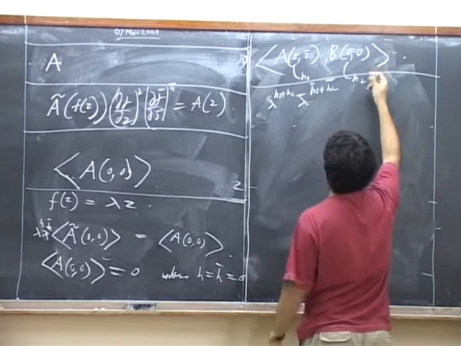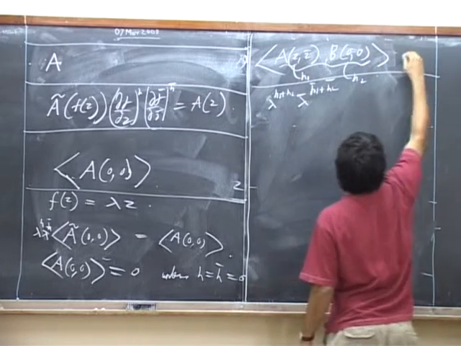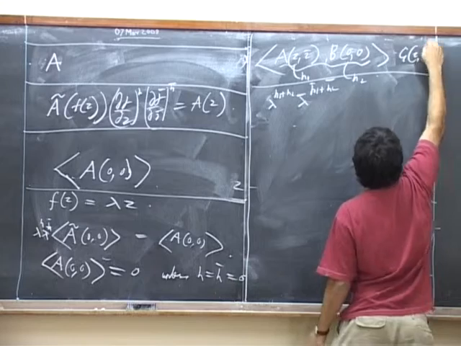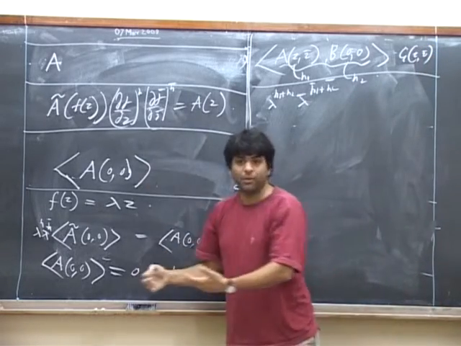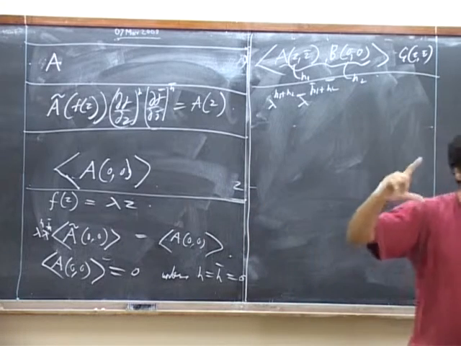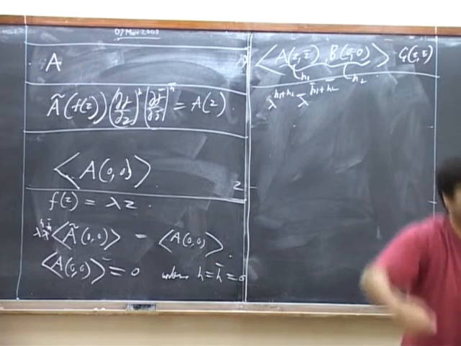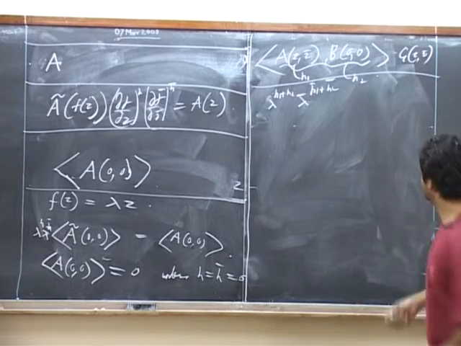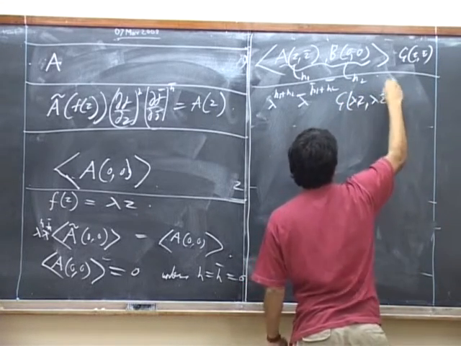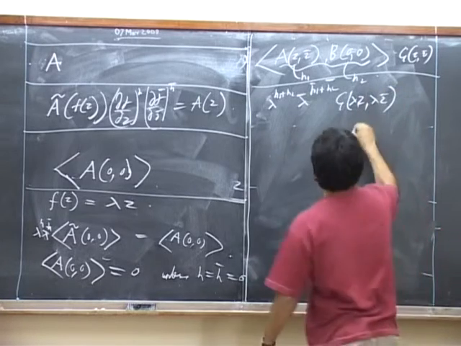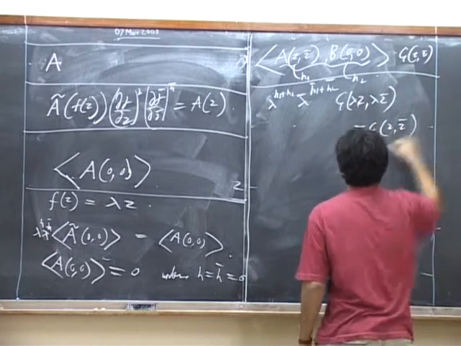Let's call it some Green function, g(z, z bar). Once we do this change of variables, we have the same function computed in the new coordinates, at points lambda z and lambda z bar. So this is times g(lambda z, lambda z bar) is equal to g(z, z bar).